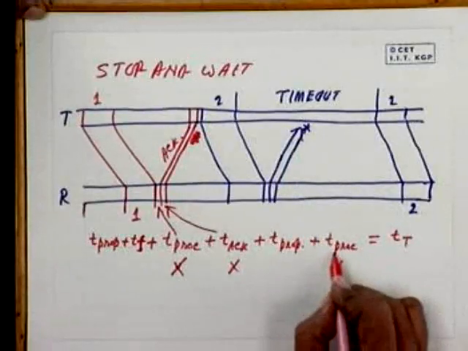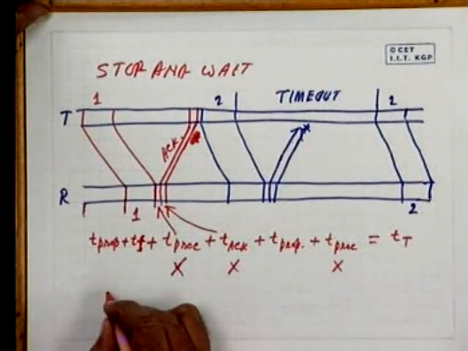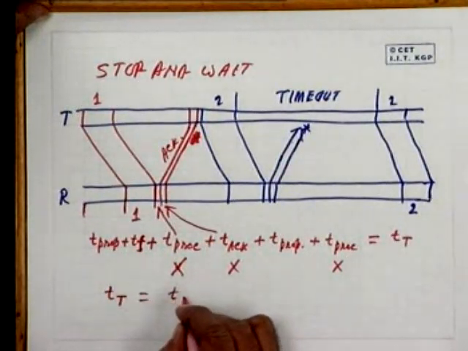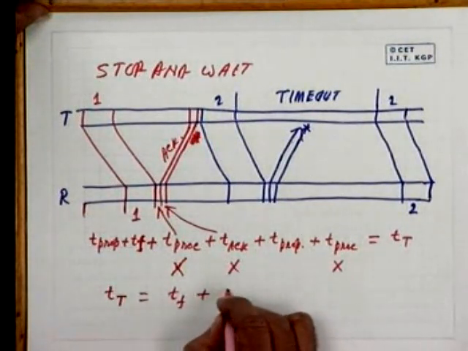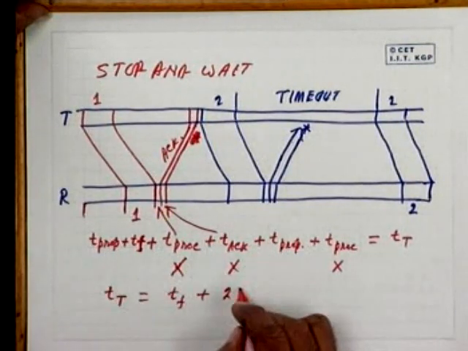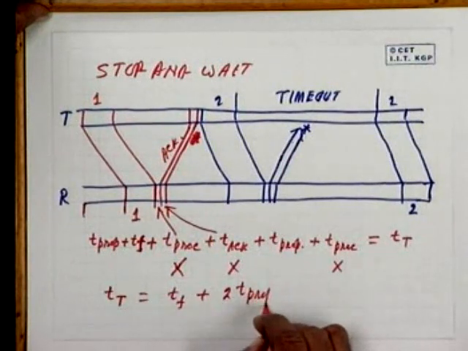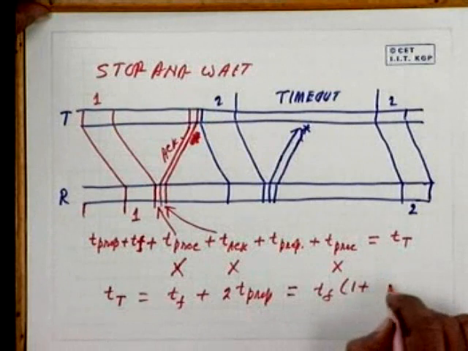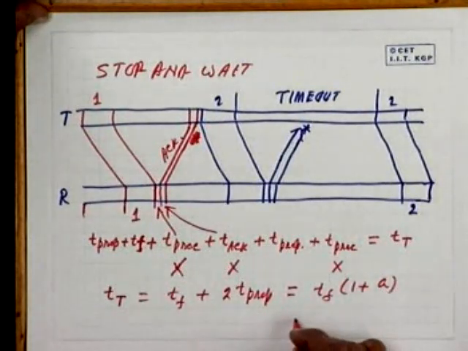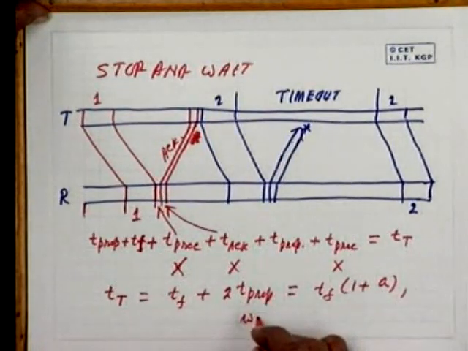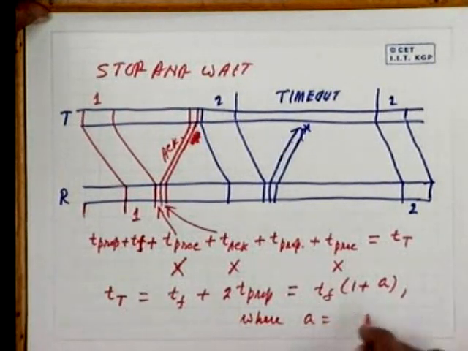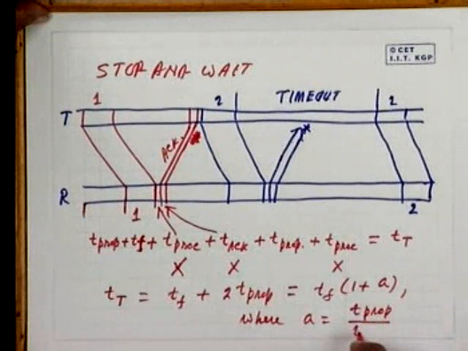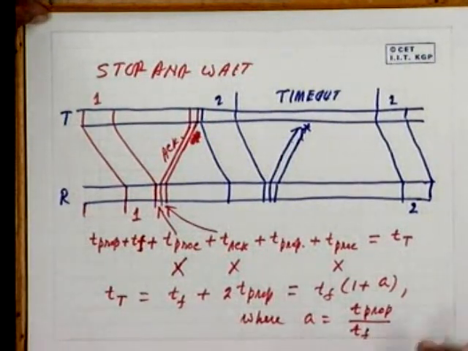So the approximate time Tt is equal to Tf plus 2 times T propagation, and this is equal to Tf into 1 plus A, where A is the ratio of the propagation time T prop to Tf, the frame transmission time.